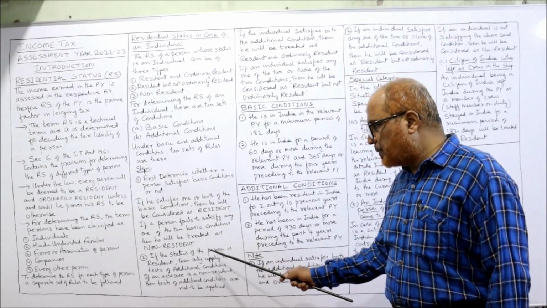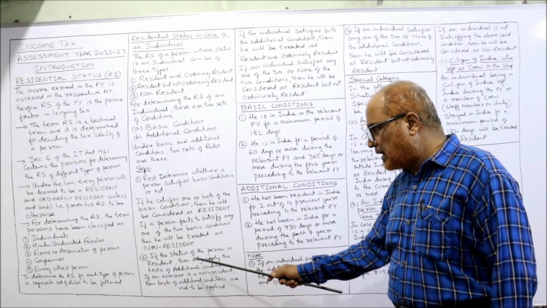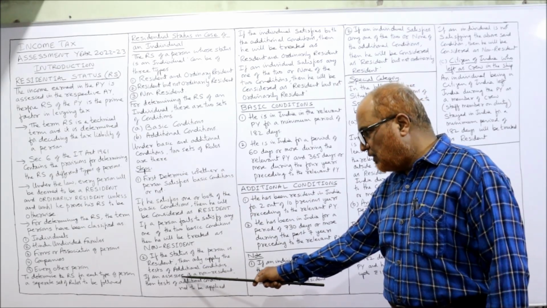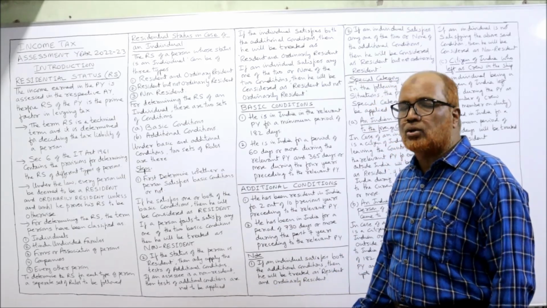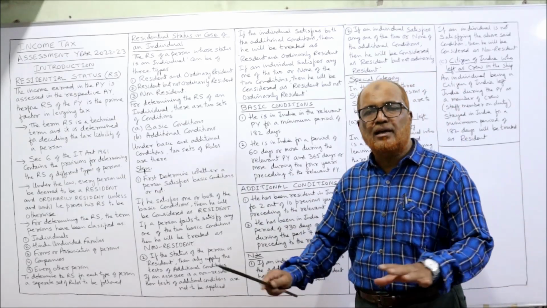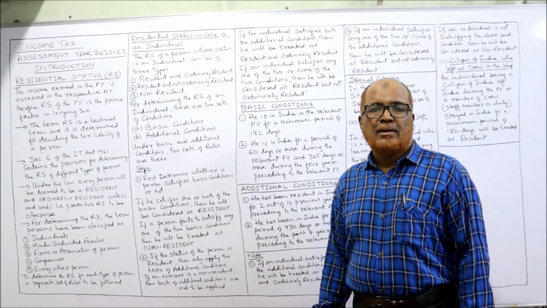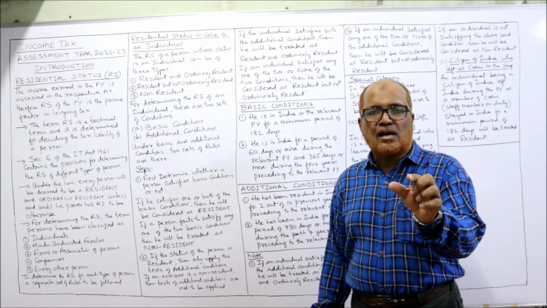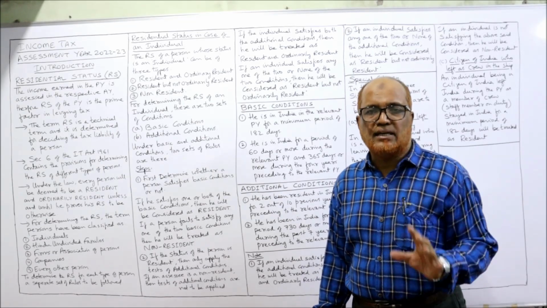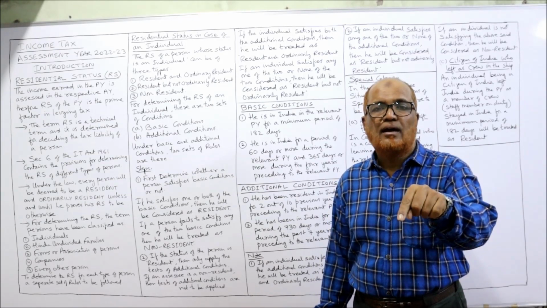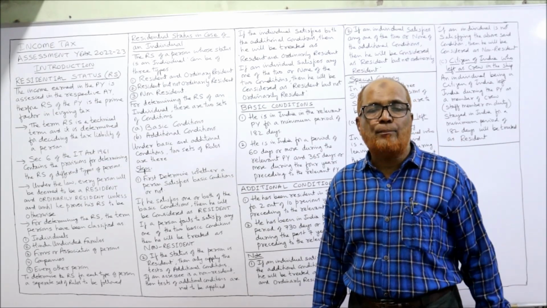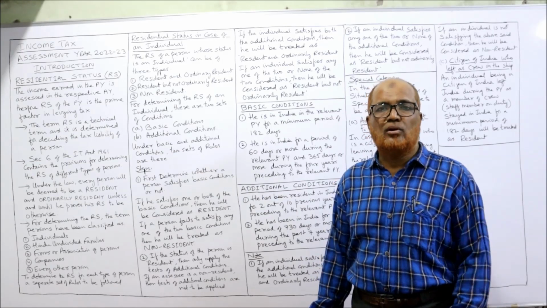If the status of the person is resident, then only apply the test of additional conditions. If an individual is a non-resident, then the test of additional conditions is not to be applied. Very clear rule is given. The additional conditions are applied only for residents. If the person is a non-resident, additional conditions are not applicable. That rule you have to remember.